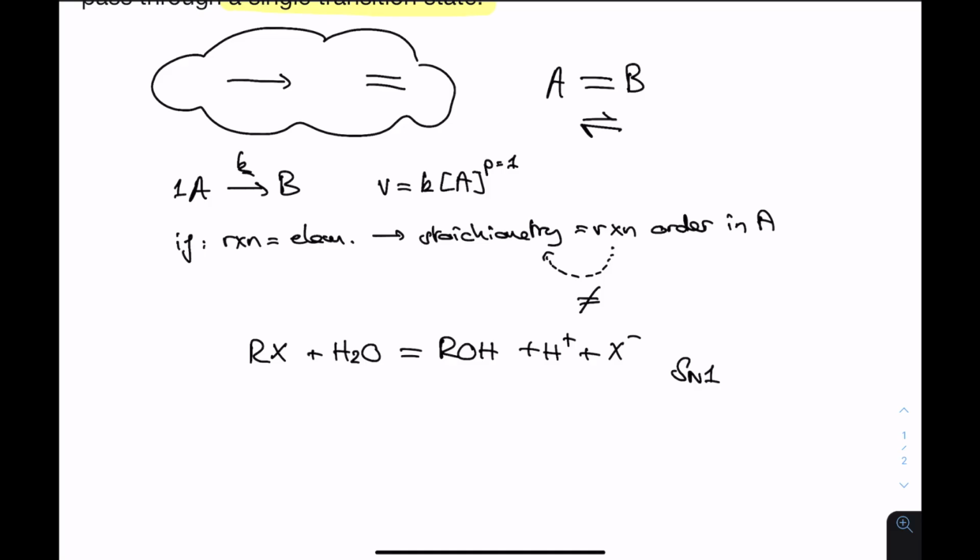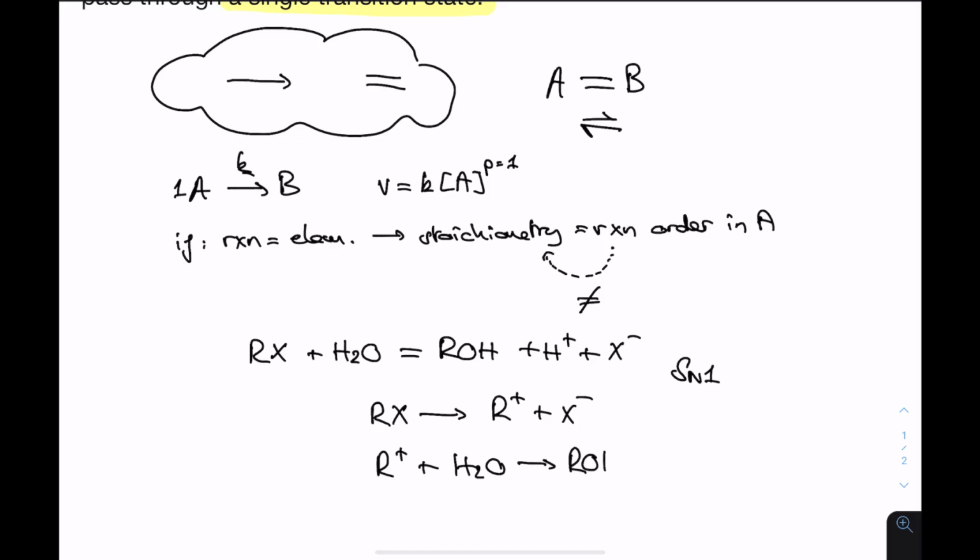So it proceeds in 2 consecutive steps. You have first the alkyl halide that splits into 2, and then you have the reaction with water that will give ROH plus H+.